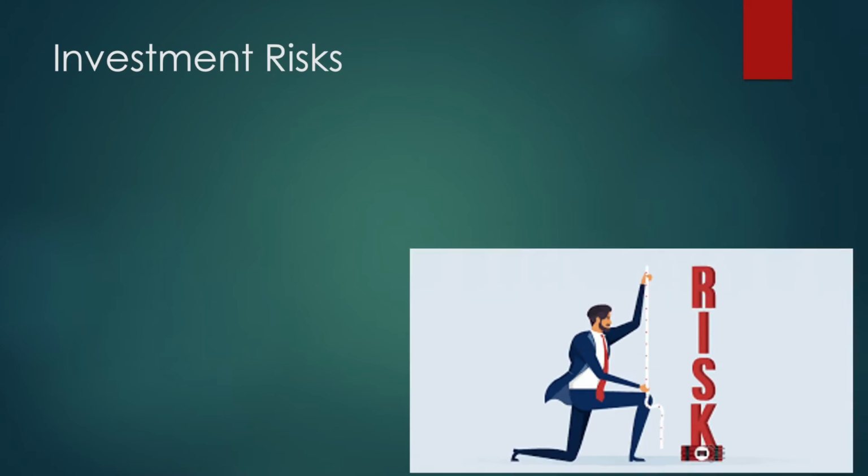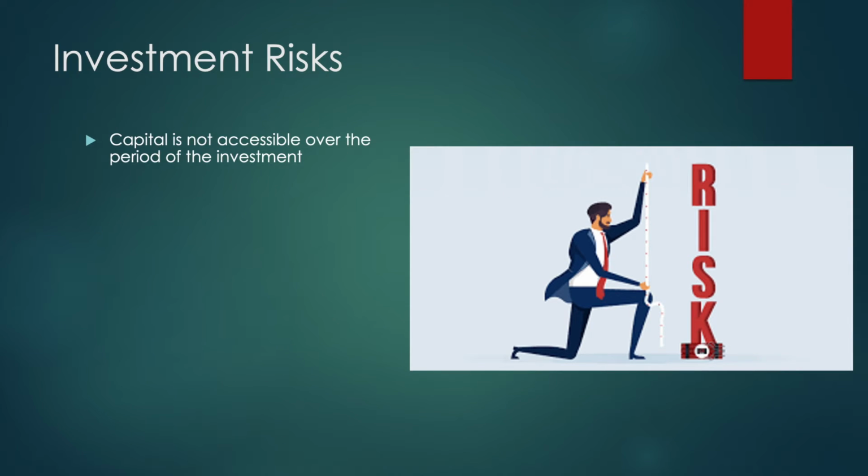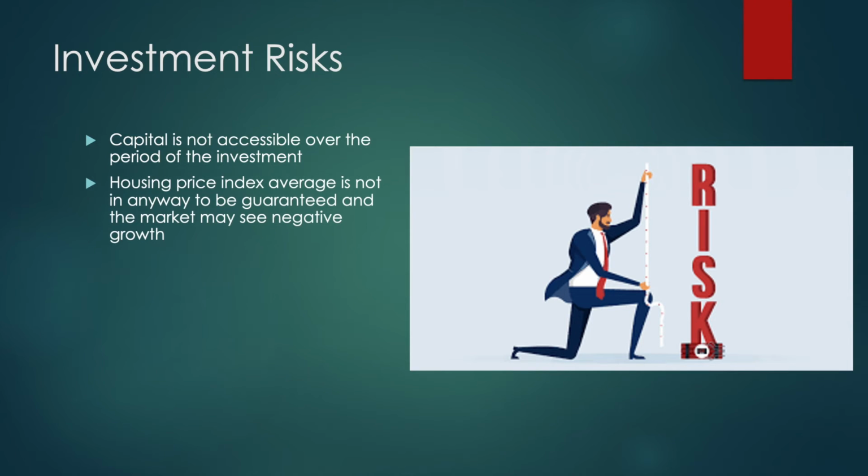So what potential risks are there with investing in a one-bedroom property? So the capital is not accessible to the client over the period of investment. So that £115,000 that's required to purchase the property cannot be accessed by my client until the property has then been sold. The housing price index average is not guaranteed over the next few years.